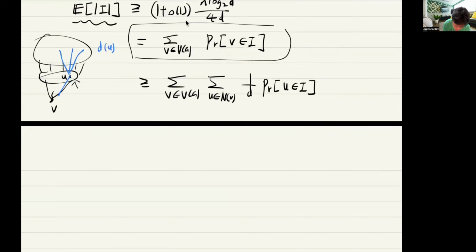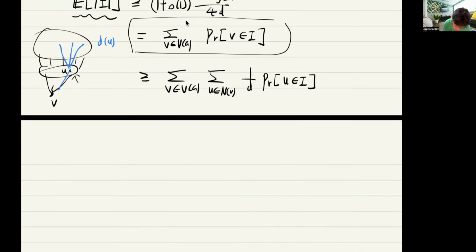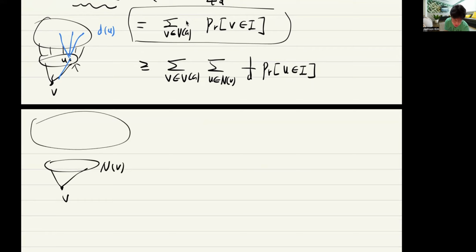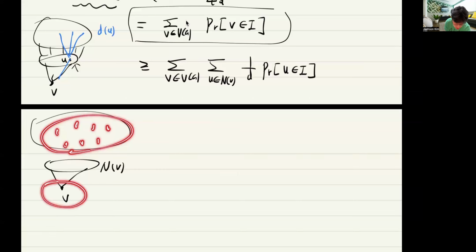And for that, what we want to do is you consider the neighborhood of v, and here, then if you think about it, whatever happens here, even if you say that, okay, these vertices are included in I, that and what happens here are kind of disconnected.